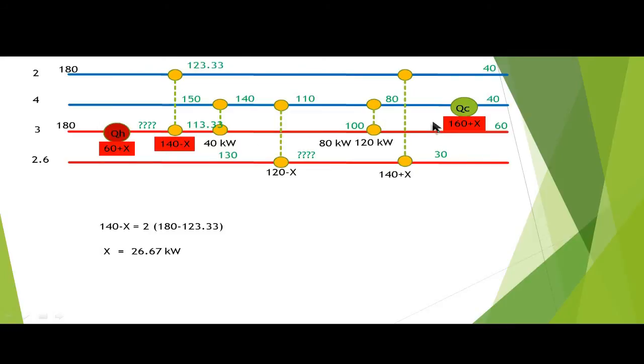If you don't understand why they increase by the same amount, let's think about the composite curve. When you move the stream line to the left or to the right, when you increase by x on the hot stream, there will be an increase of x amount on the below side as well.